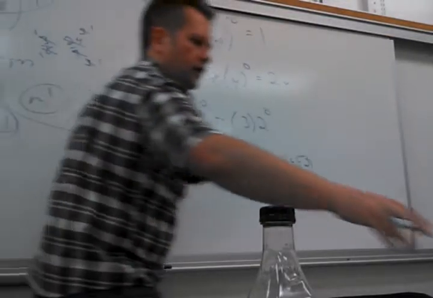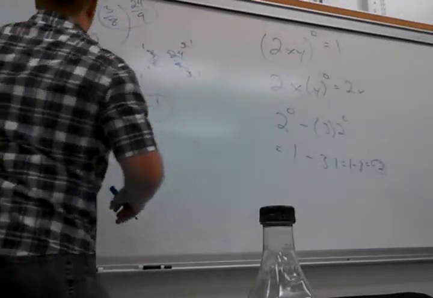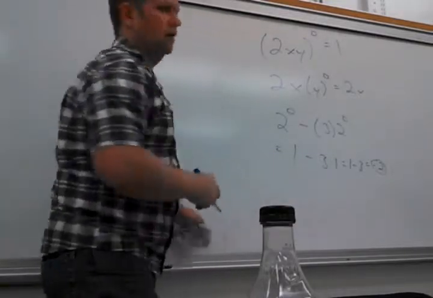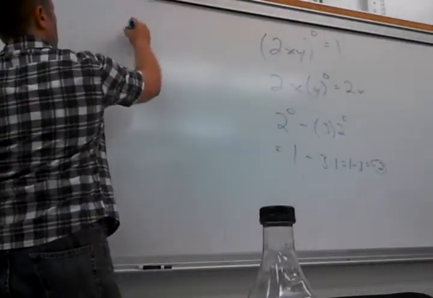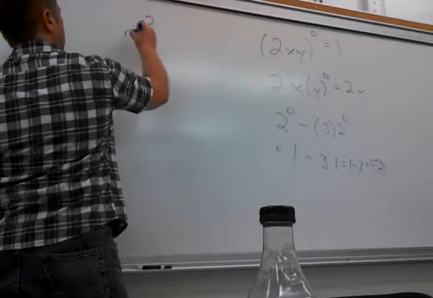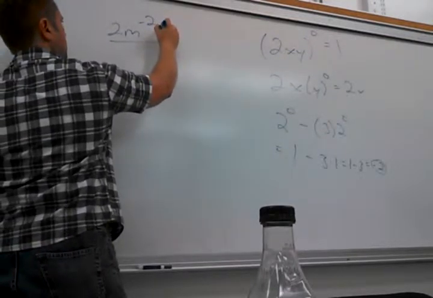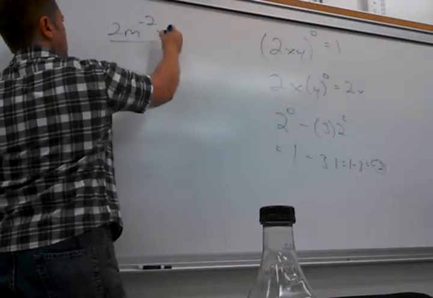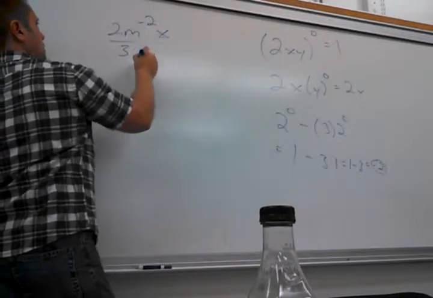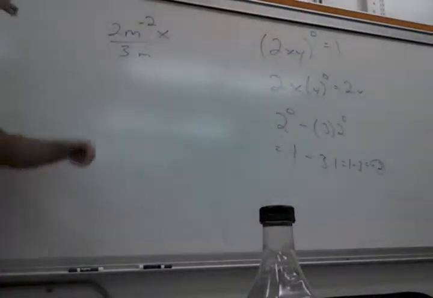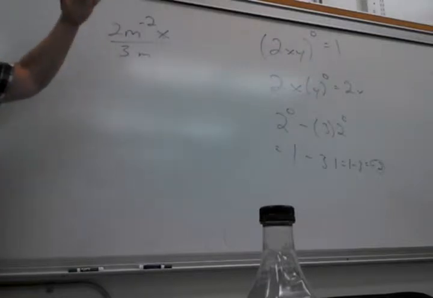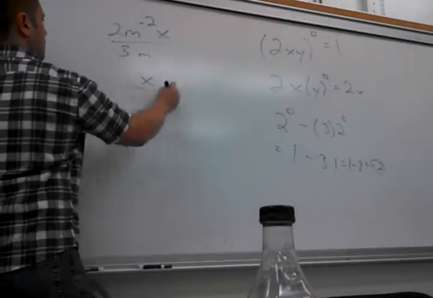So that's why sometimes I'll see people with the negative powers, there'll be a problem like 2m to the negative 2 over, let's say, 3m. And on the next step, I'll see this.